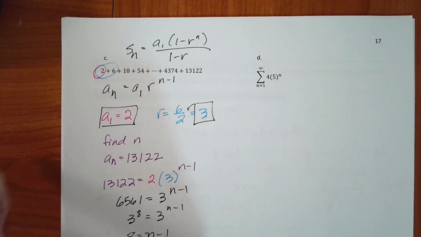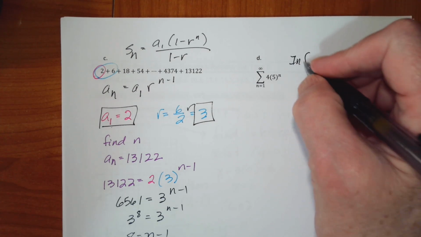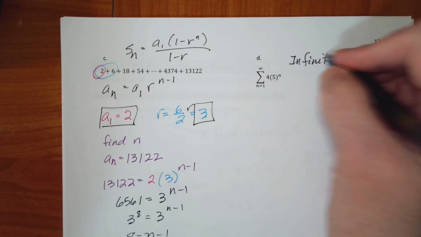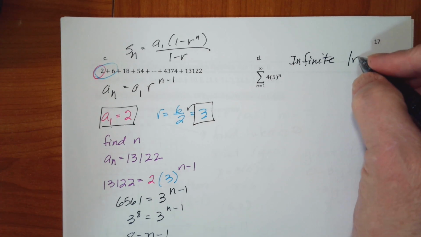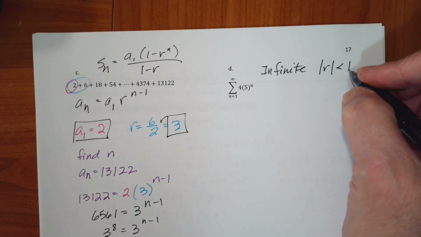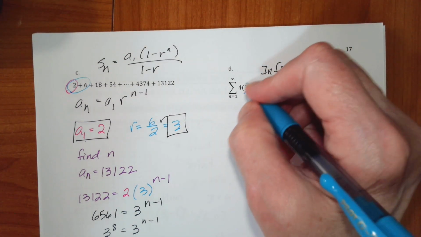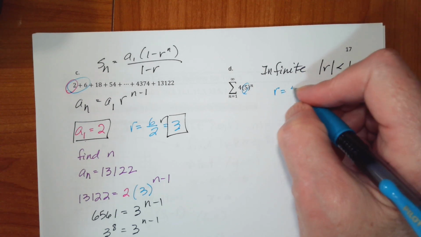Okay, last one here. This is an infinite sum. So that means the absolute value of r has to be less than 1. Well, in this one, r is equal to 5.